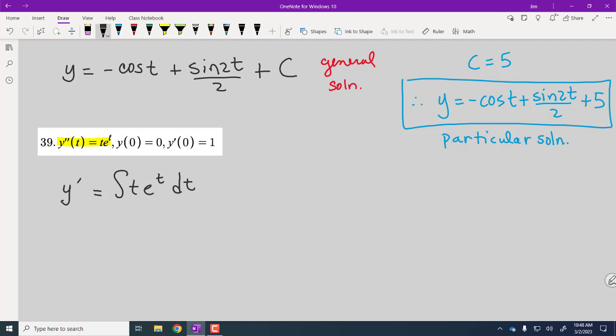So we'll let u be t, and we'll let dv be e to the t. Then in the derivative column, we take the derivative and end up with du equals dt. The integral side will end up with v equals e to the t.